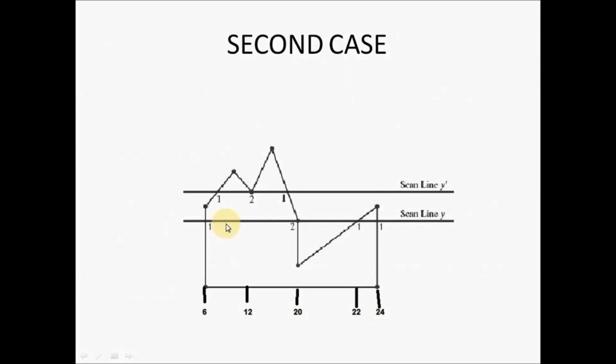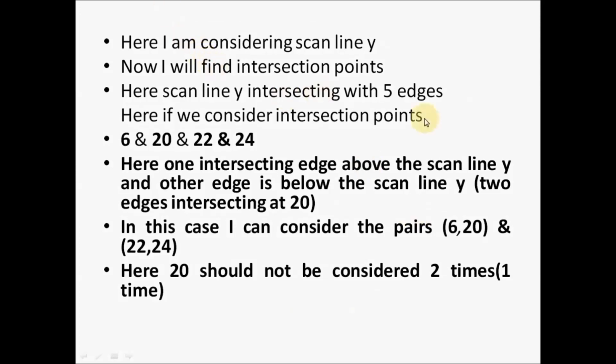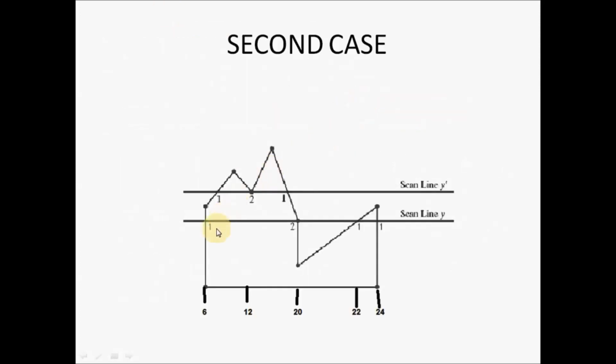But in the second case I considered scan line Y, right? So here in the scan line Y, you can see 5 edges are intersecting. You know that, I told you, right? So in the intersection point 20, 1 edge is upwards, 1 edge is downwards.